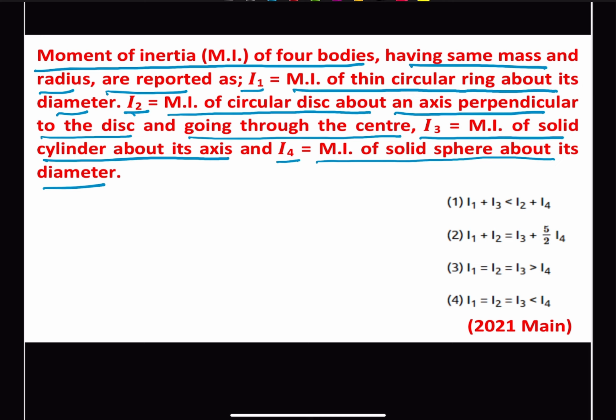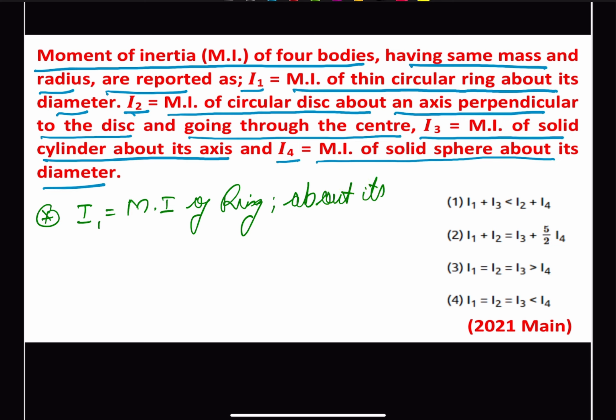So we start with I1, and I1 is the moment of inertia of a ring about its diameter.